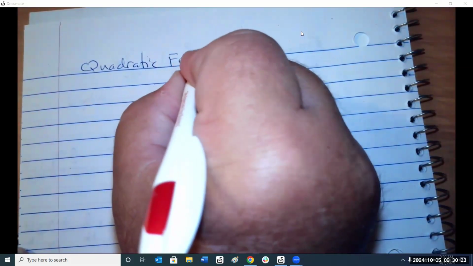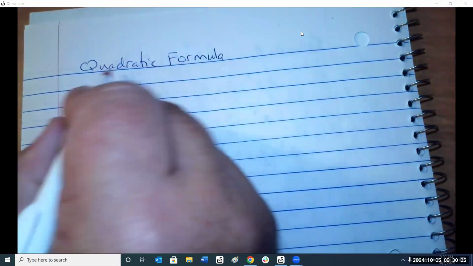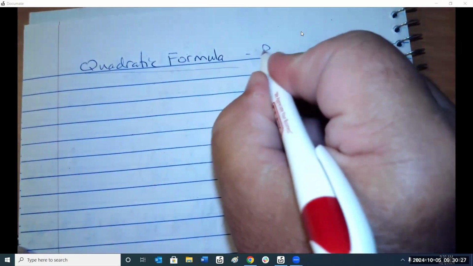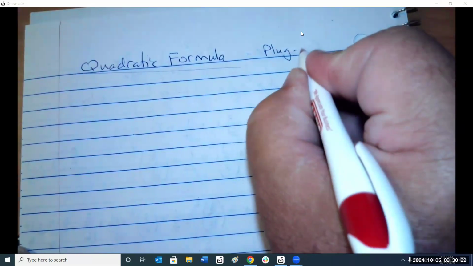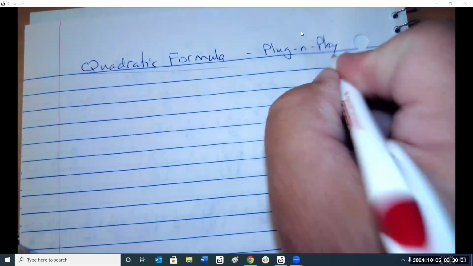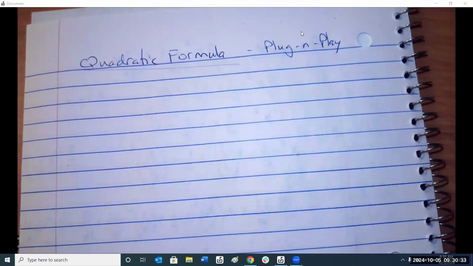Now comes the easiest part, the easiest method, the quadratic formula. This one is simply plug and play. Let's see how it works.